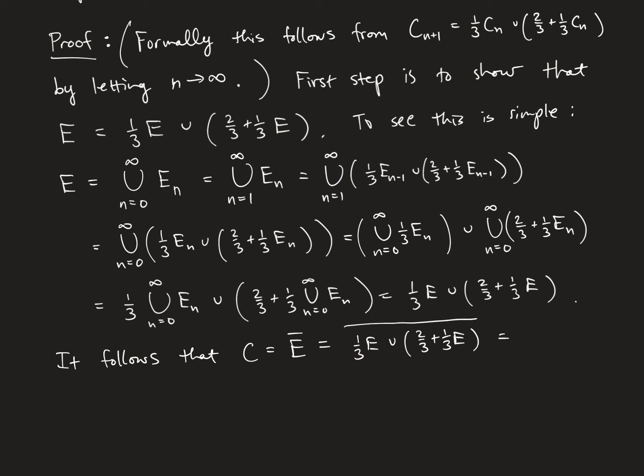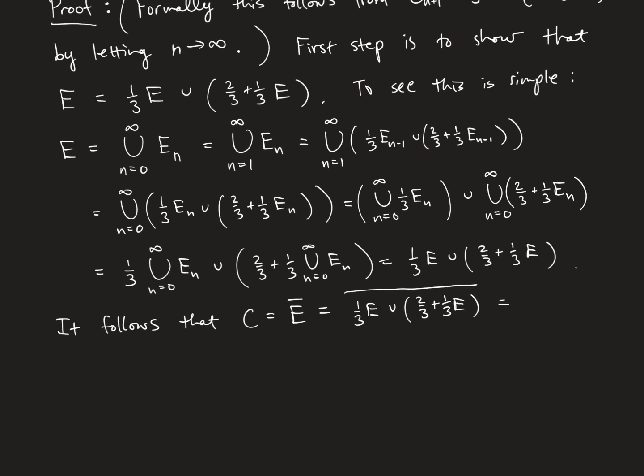And here's a little exercise for you. The closure of a union is the union of the closures. So this is equal to 1/3 E closure union 2/3 plus 1/3 E closure. And that closure will pass by these arithmetic operations by the algebraic limit theorem.